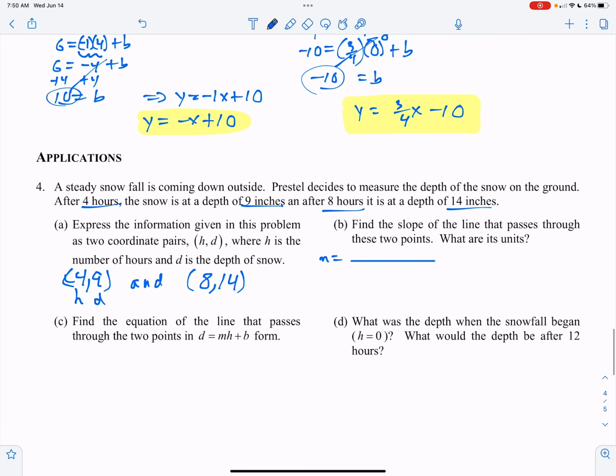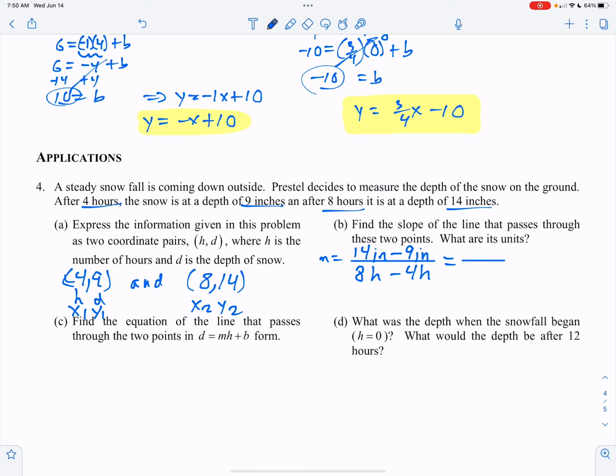Okay, and I'm going to be going x1, y1, x2, y2. All right, so to fill this out, we're going to go y2 minus y1, 14 minus 9. Okay, and I'm going to actually write the units on here. It'll help us figure this out. So 14 inches minus 9 inches over 8 hours minus 4 hours.